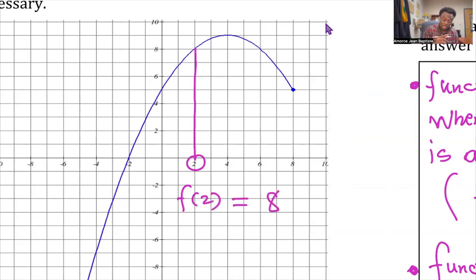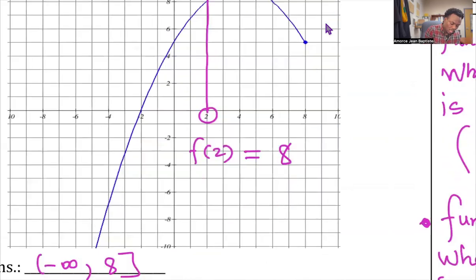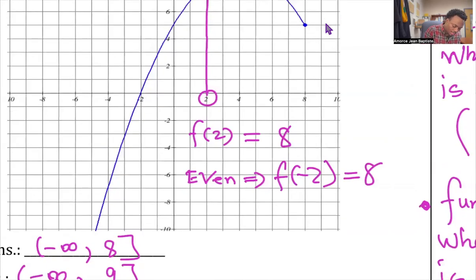Now, if it's even, that should be the same. Even would mean that f of negative 2 equals 8. Odd would mean that f of negative 2 equals negative 8.